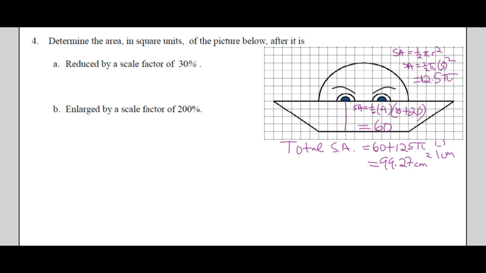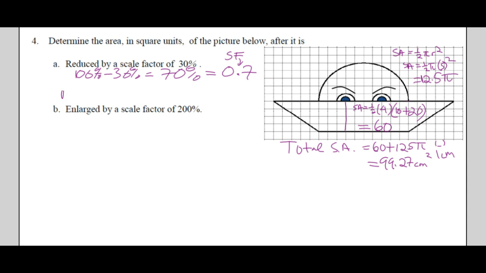So reduced by a scale factor of 30%, we got 100% minus 30%, which means we have 70%, or a scale factor of 0.7. Okay, so the scale factor isn't 0.3, right? It's reduced by a scale factor of 30%, which means what's left is a scale factor of 70%. So our scale factor is 0.7.